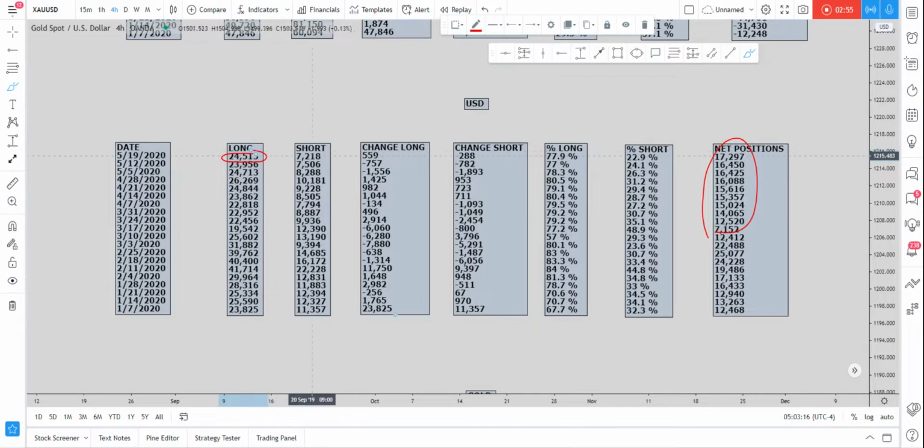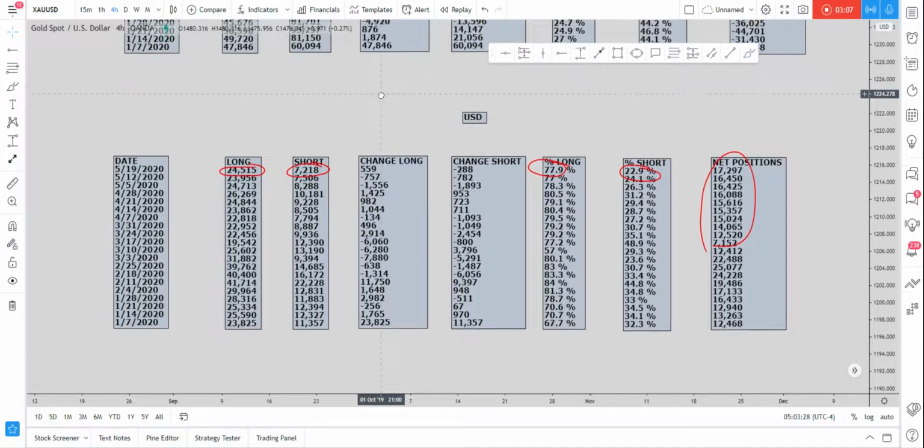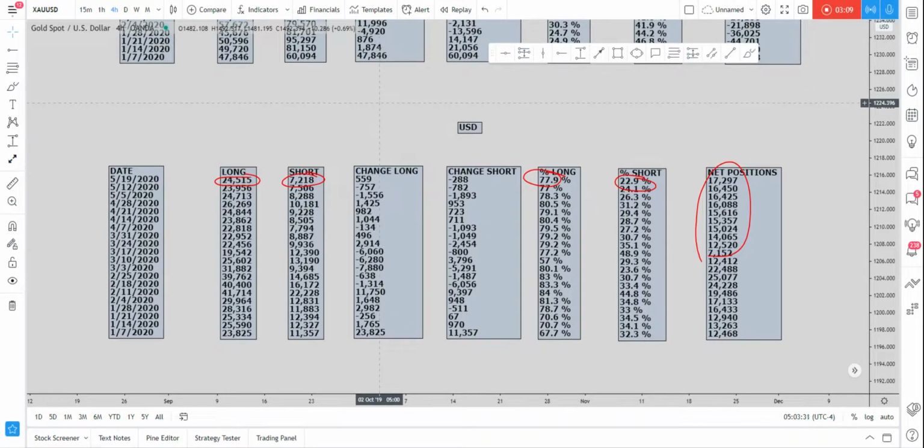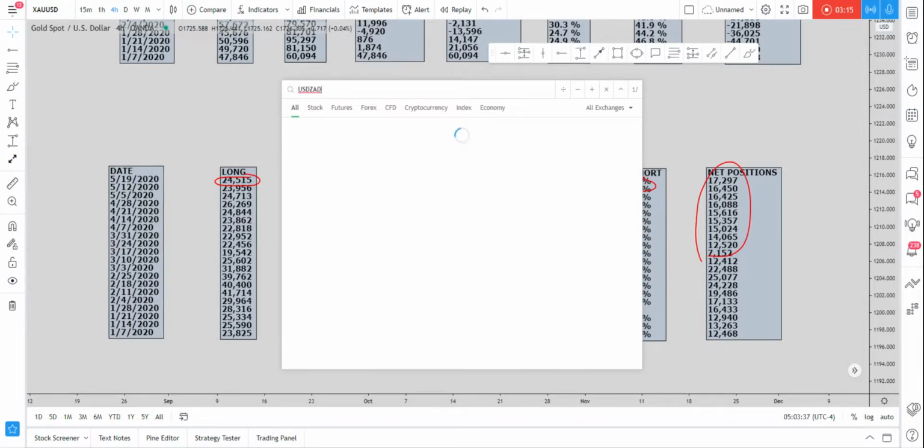We have 24K long positions and 7.2K short positions, so a 77.9% long exposure and 22.9% short exposure. So we can definitely expect the USD to try to get stronger in the near future, giving us a retracement on USD ZAR.